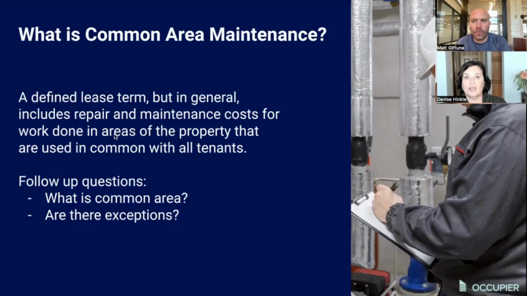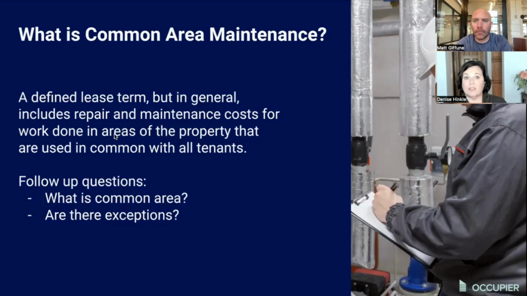If you have, say, restrooms on a floor that is a single tenant floor in an office building, I would argue that those are not common areas. They can't be accessed other than by the tenant that occupies that floor. Or if you have concession space, like health clubs, a really popular amenity now in many buildings.